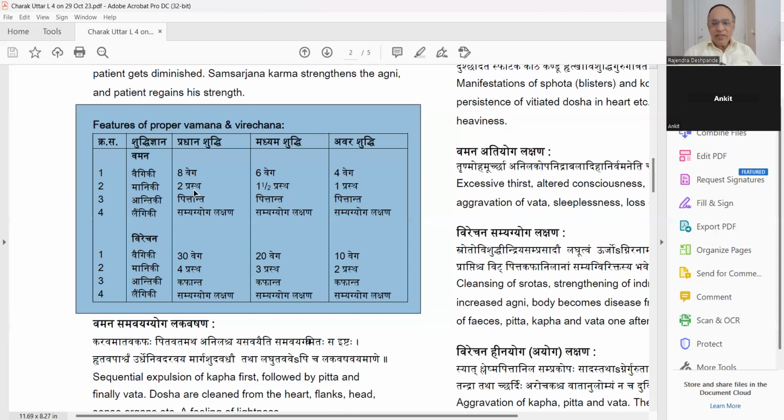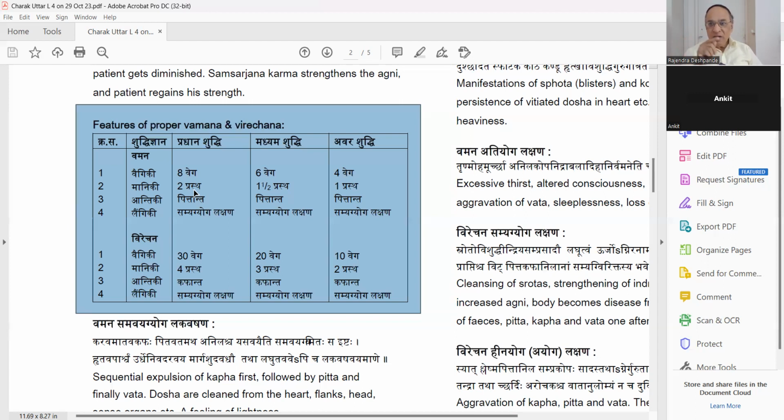Please write down 1 tola is equal to 10 ml. So here they are saying 2 prastha. 1 prastha is equal to 64 tola. Do the mathematics, open your calculator. 2 prastha is nearly 128 tola. 1 tola is equal to 10 ml.